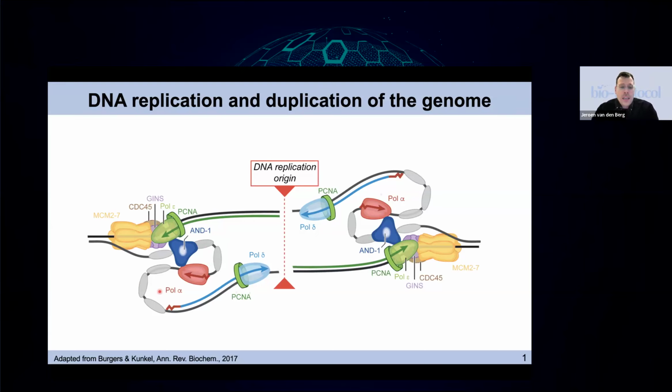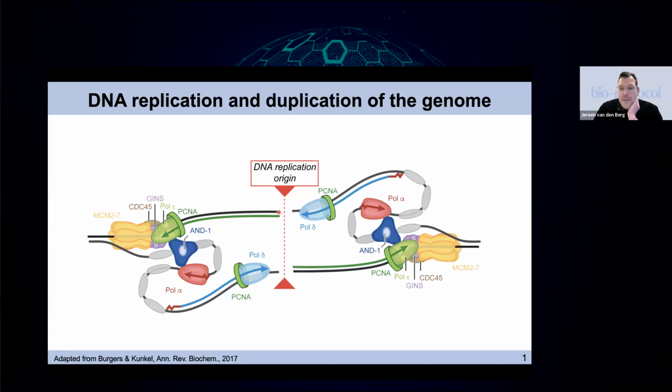These processes in the genome start at places of DNA replication origin, where one of these machines is loaded, and then this origin fires, so to say, and two replisomes are born that start to replicate the genome in opposite directions.